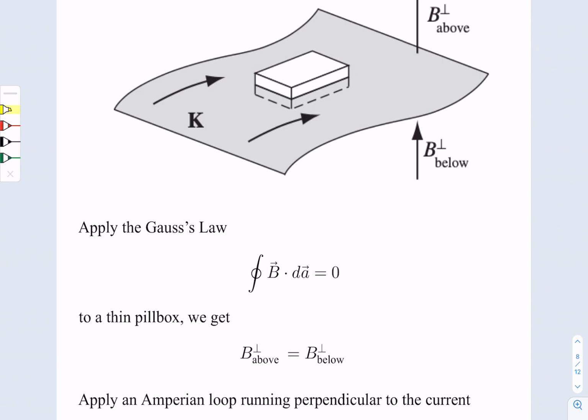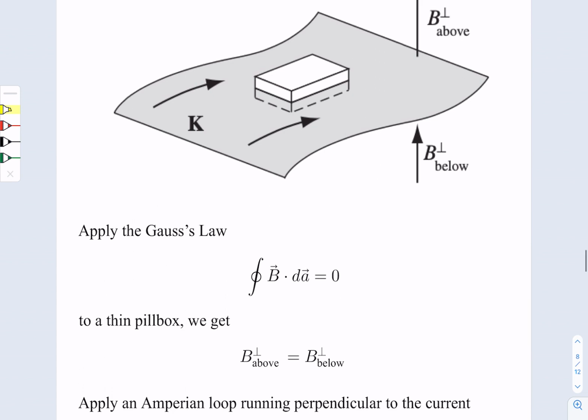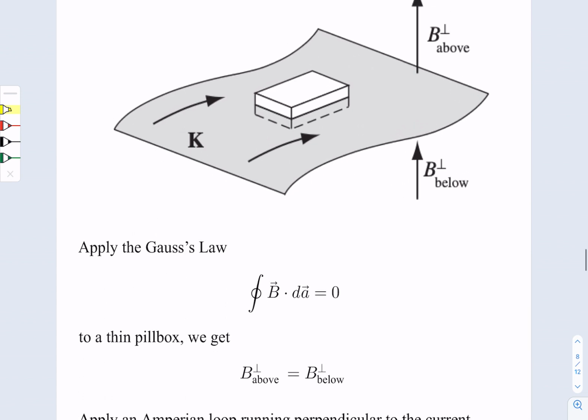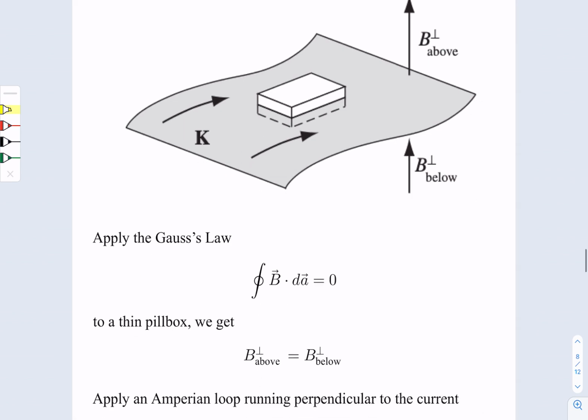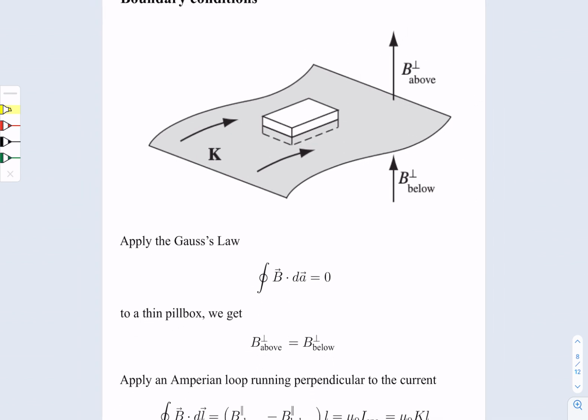So the B must be continuous. Otherwise, there must be a source. Because there is no magnetic monopole, the B in the perpendicular direction must be continuous.